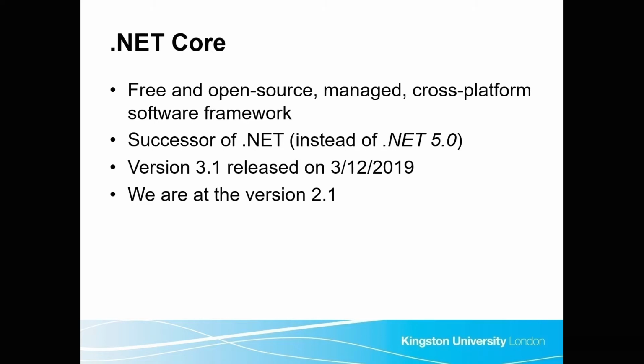Maybe not in the past. It's more and more like this. Microsoft is now offering more and more free and open source solutions. It's a managed cross-platform software framework, successor of .NET instead of .NET 5.0. The current version is 3.1, released in December 2019.